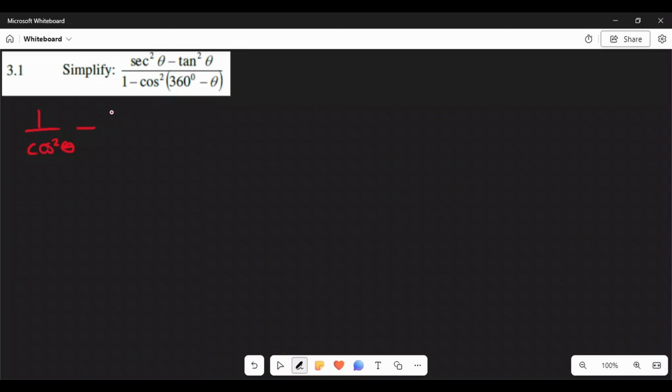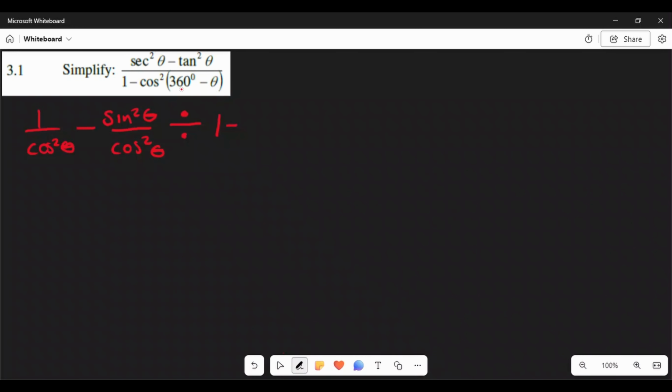That tan squared, you can use the quotient identities and write sine squared theta over cos squared theta. By the way, this solid line here represents division. So you can write it like this, and then we divide by 1 minus.